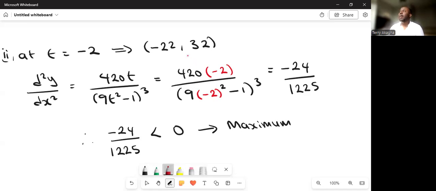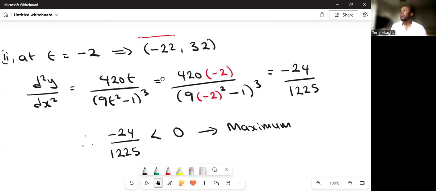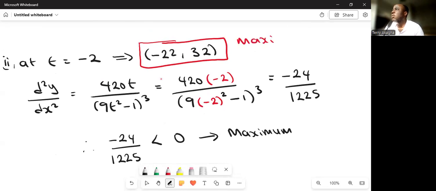So therefore, we can now say this point here, was it red or green I used in the previous one? Red, okay. So this point here is a maximum point.